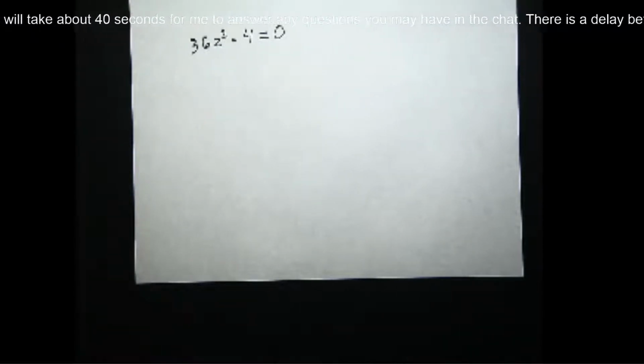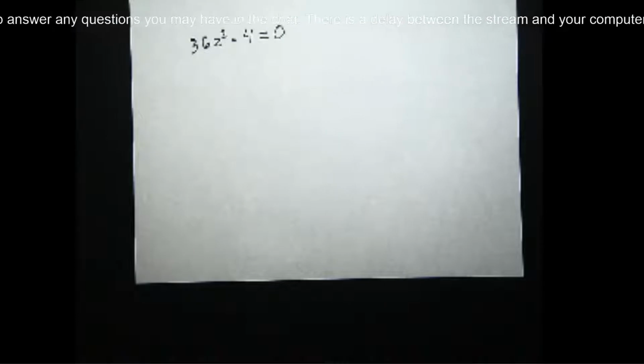So the easiest way to tackle this one would be to factor this quadratic and then use our zero product principle to solve. And if we look at this one, it's a difference. So you should probably look and see if those are squares, and yeah, those are actually square numbers. 36 is the square of 6, z squared is the square of z, 4 is the square of 2.